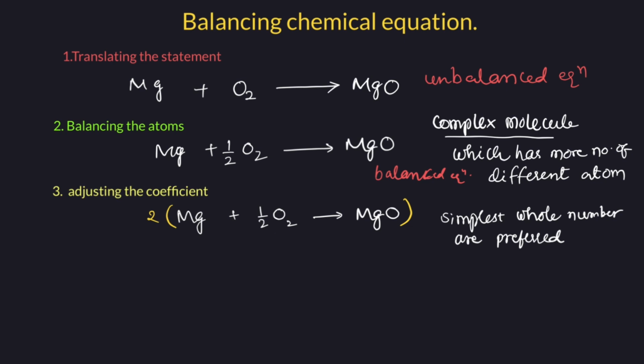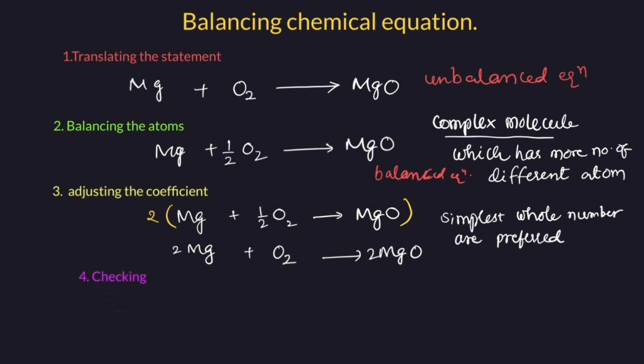What is the fourth point? Now you observe, in the third point, 2 into Mg, then what will we get? 2 Mg, magnesium; 2 into half, the 2 cancels, meaning 1 O2 and 2 Mg, according to the third step. Then the fourth step, what is the fourth step here?